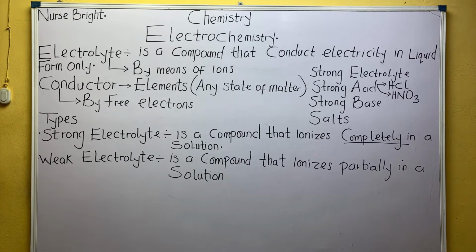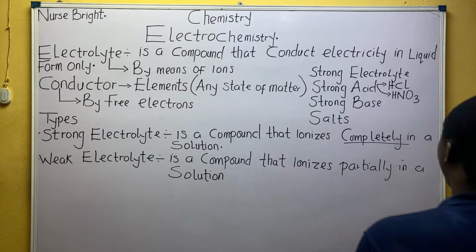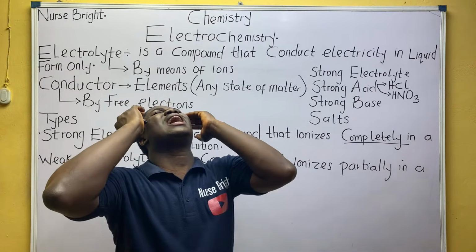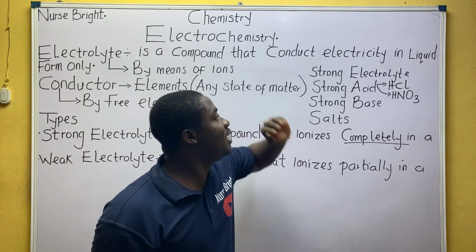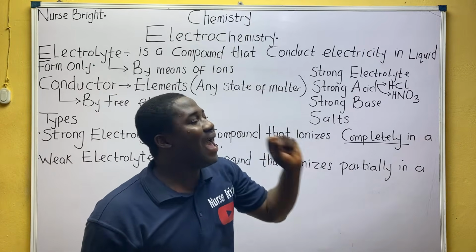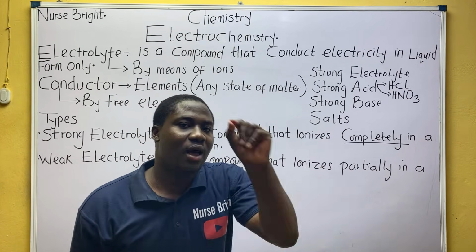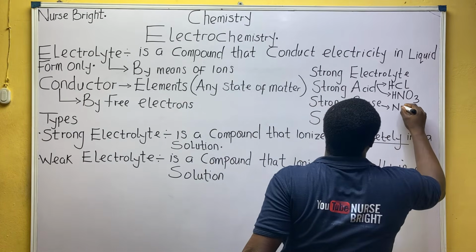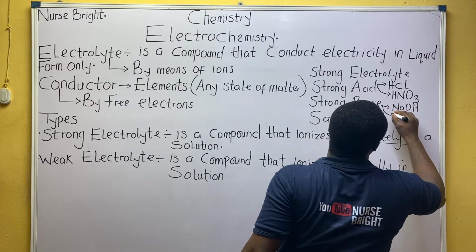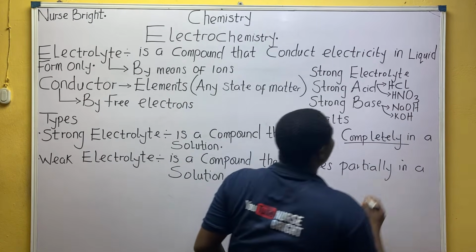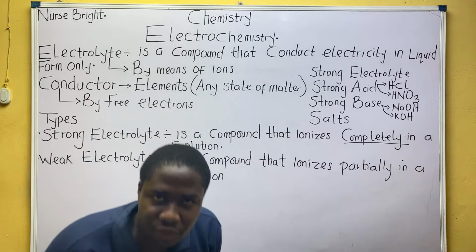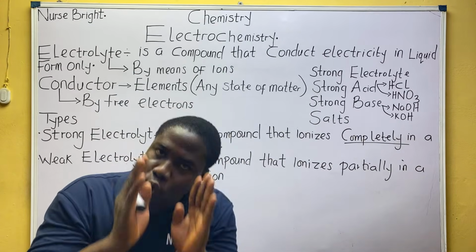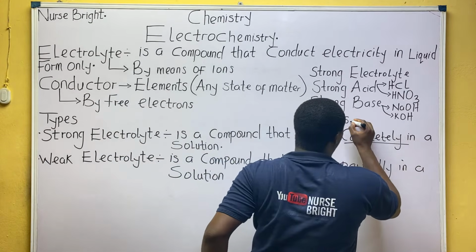But I'm just going to give you examples of compounds that are strong acids and strong bases, so you get to understand what is happening. Anything you can think of that is a strong acid will be a strong electrolyte. Anything you can think of that is a strong base will be a strong electrolyte. What are examples of strong bases? Like sodium hydroxide, potassium hydroxide, KOH. There are a lot of them, but these are common ones, so you should note them. What are examples of salt, everybody?